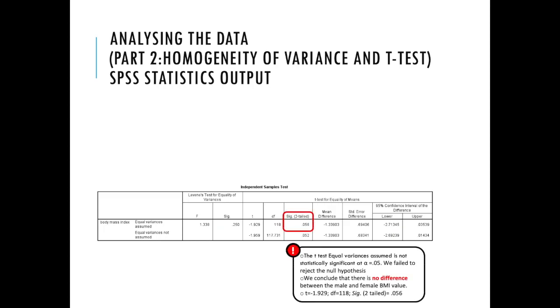Based on the independent samples test, we found that the t-test with equal variances assumed is not statistically significant at alpha equal to 0.05. Therefore, we fail to reject the null hypothesis. We conclude that there is no difference between the male and female BMI values.